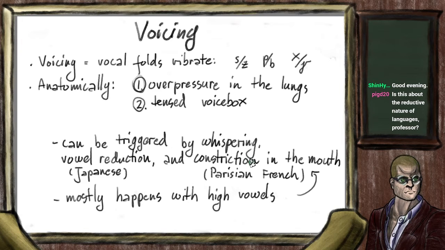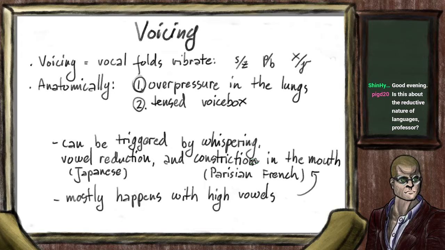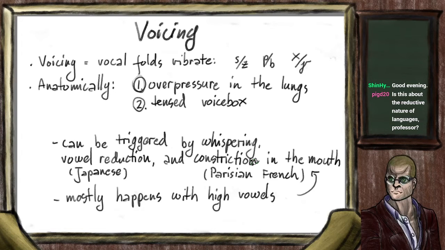And then for the constriction in the mouth, this is most likely the reason that full volume unvoiced vowels can occur in Parisian French at all, because these are sometimes even stressed syllables. And why does this happen with high vowels, you might ask?